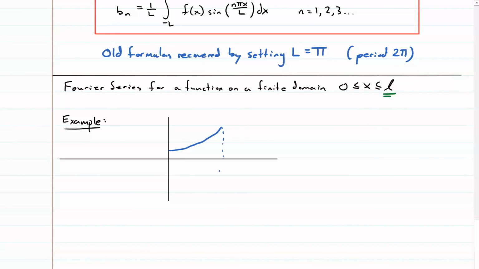And this will be L, the curly L. And this is f of x. So it has some form, but it's only defined between x equals 0 and x equals L. So can you get a Fourier series for this?